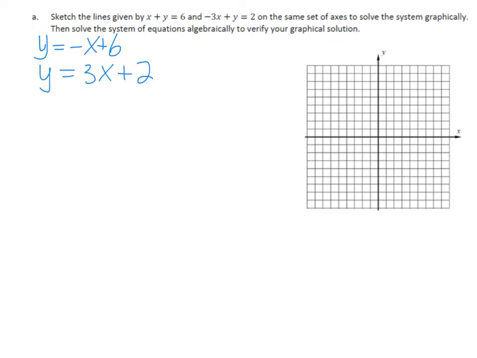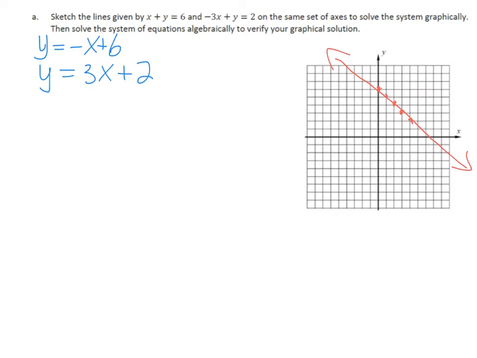My first one is negative x plus 6, and that positive 6 tells me that I start at 6 here. And the negative x is how I'm moving, or my slope. So down 1 over 1. And I'm just going to draw in my line.